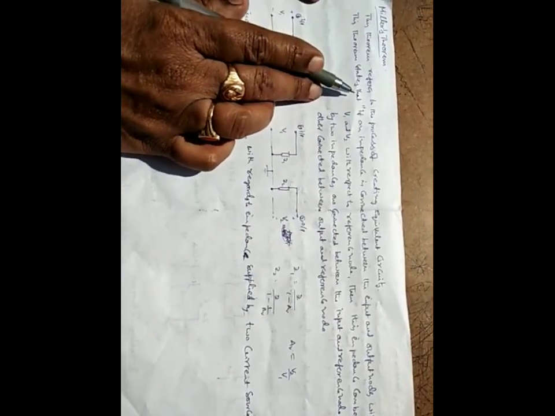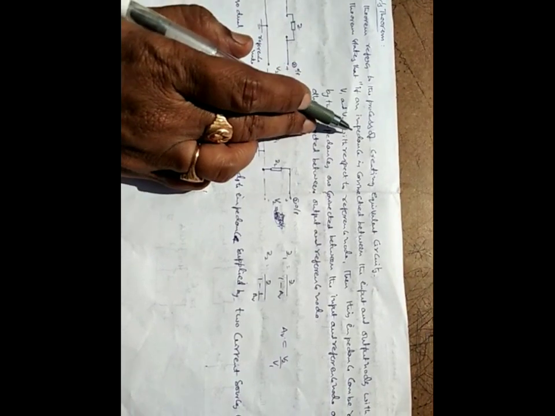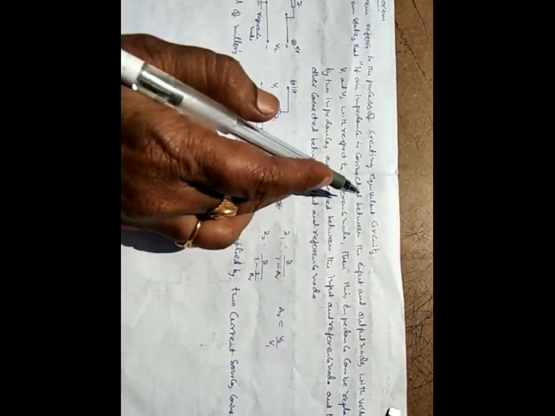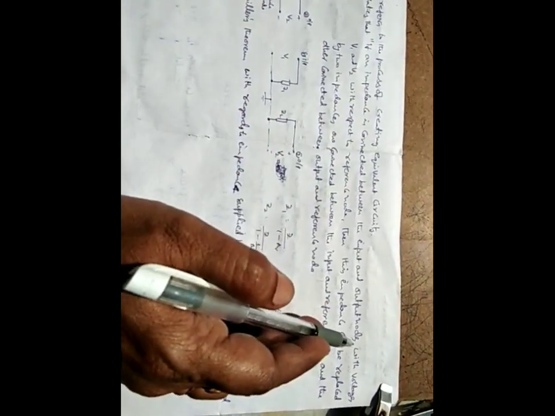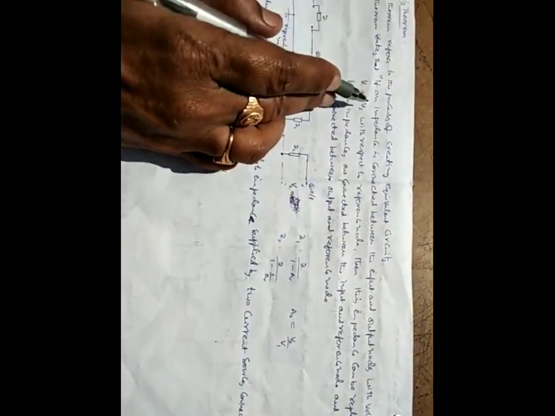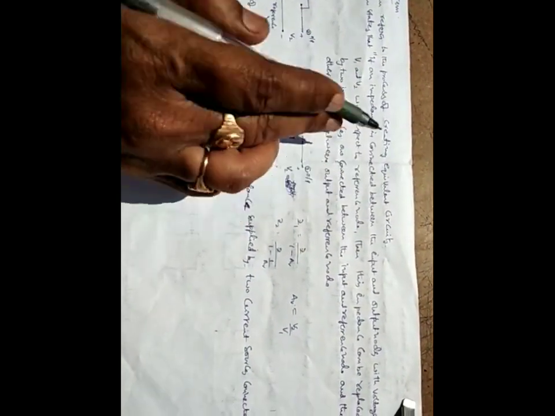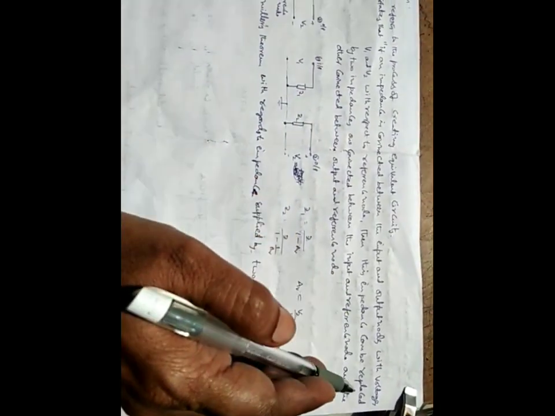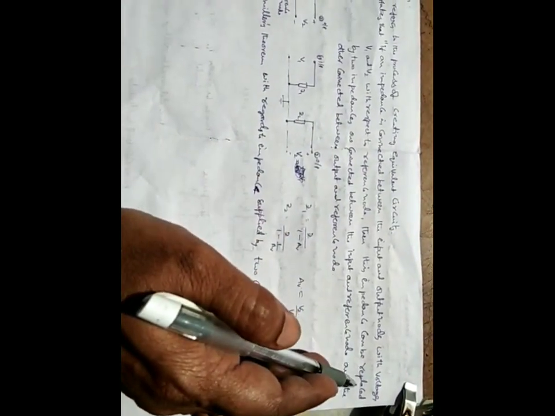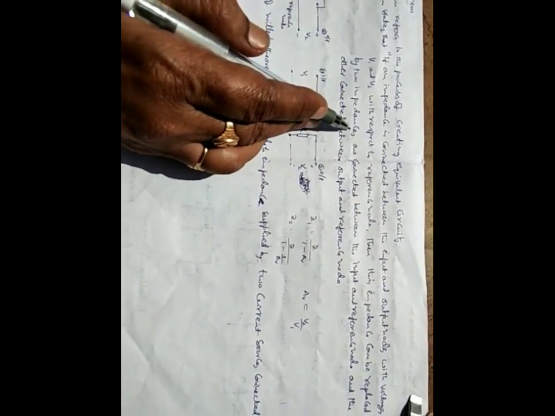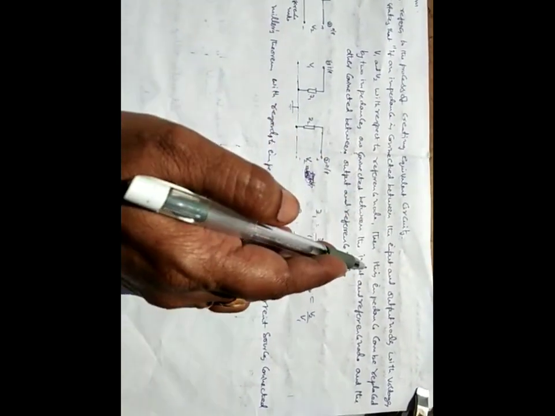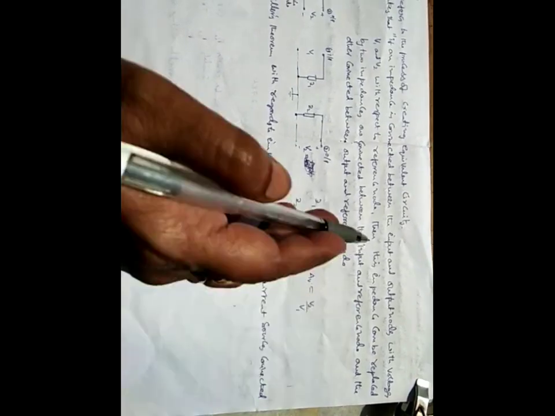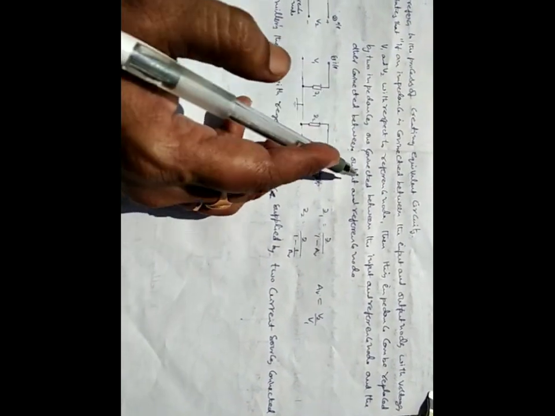The statement of the theorem is, if an impedance is connected between the input and output nodes with voltages V1, V2, with respect to a reference node, then this impedance can be replaced by two impedances, one connected between the input node and reference node, and the other connected between the output node and reference node.